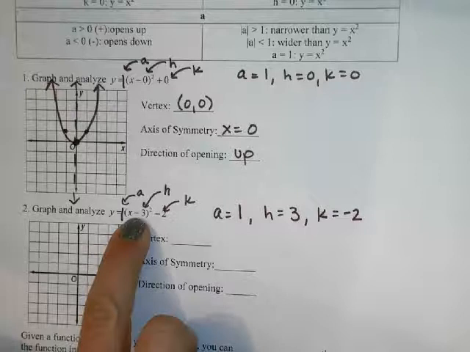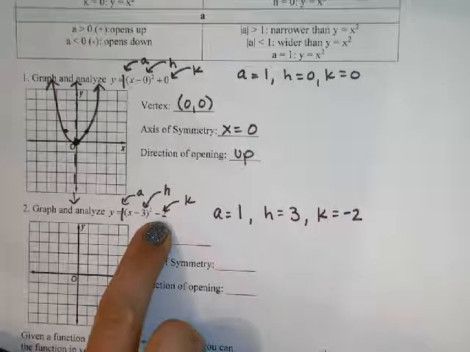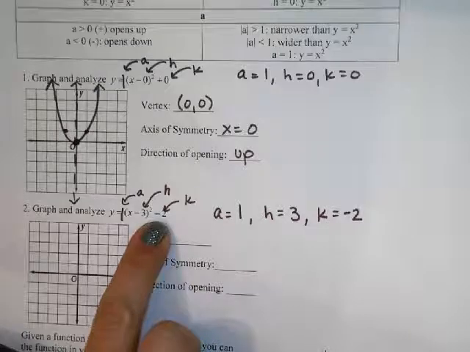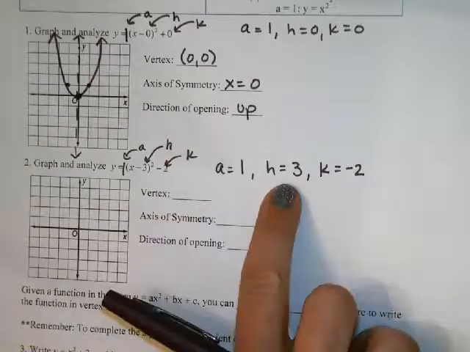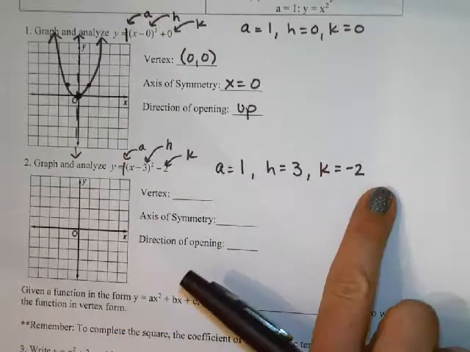This one flips its sign, this one keeps its sign. So my vertex is at positive 3, negative 2.